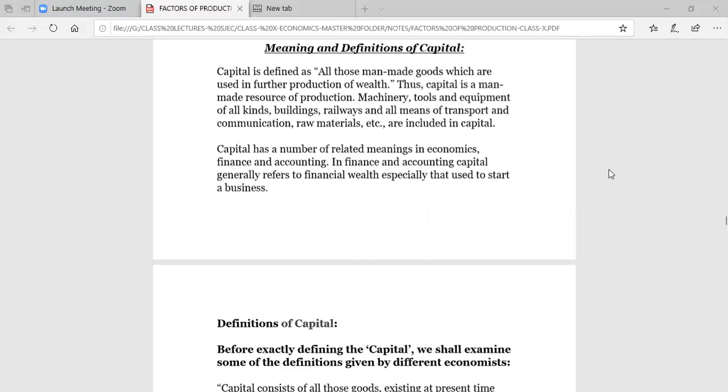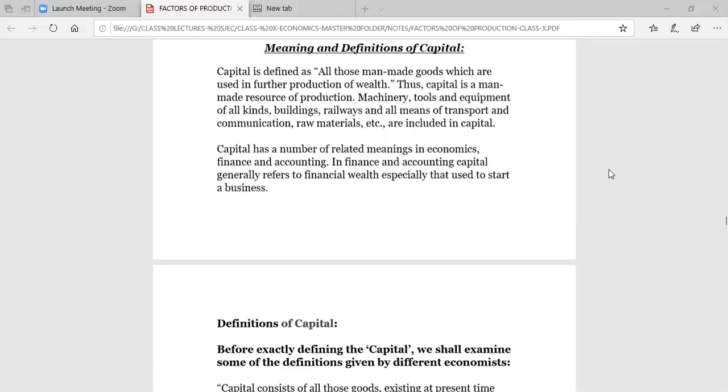What is capital? Being a commerce student, you have heard the word capital in class 9 as well. But what we understand from capital is the money invested to run a business, to start a business. But in economics, it has a wider definition.